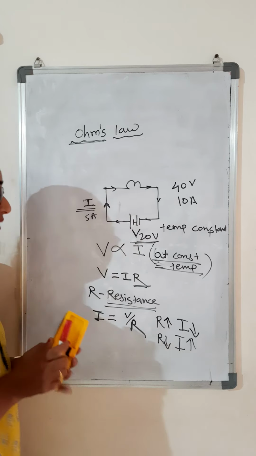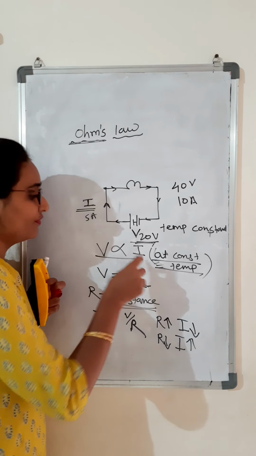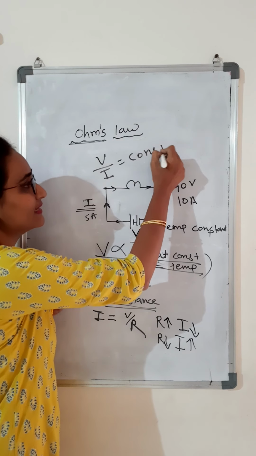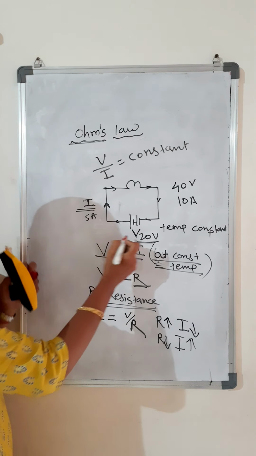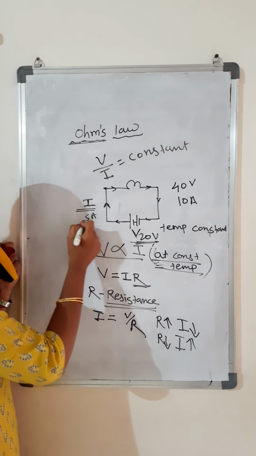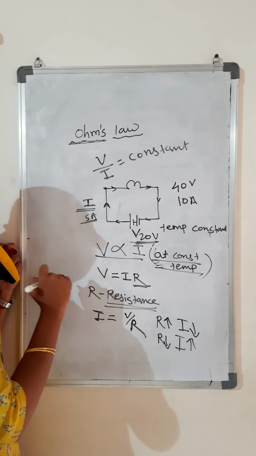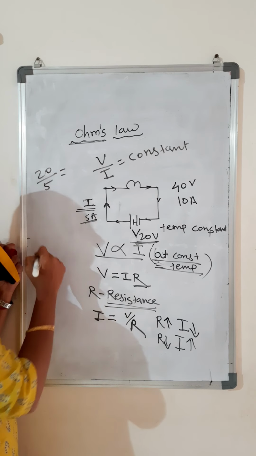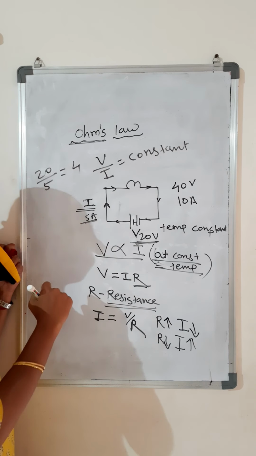And this V by I ratio, when you take it, you will always get a constant. Always you will see here, when you apply the 20 volt battery, the current flowing was 5 ampere, so 20 by 5 gives you how much? 4, right?